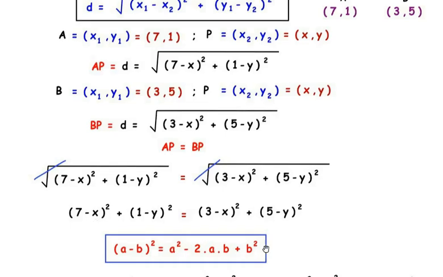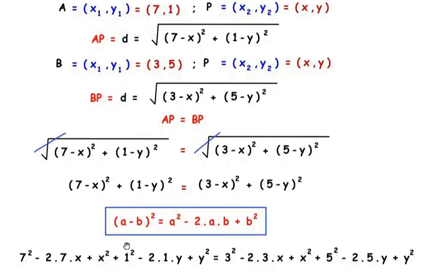So (7 minus x) the whole square expands as 7 square minus 2 times 7 times x plus x square plus now (1 minus y) the whole square expands as 1 square minus 2 times 1 times y plus y square is equal to now (3 minus x) the whole square expands as 3 square minus 2 times 3 times x plus x square plus (5 minus y) expands as 5 square minus 2 times 5 times y plus y square.